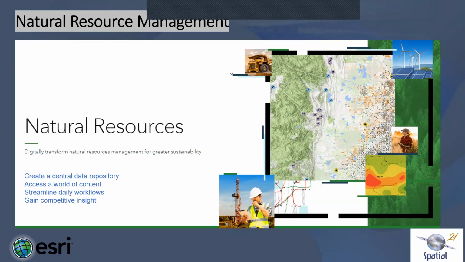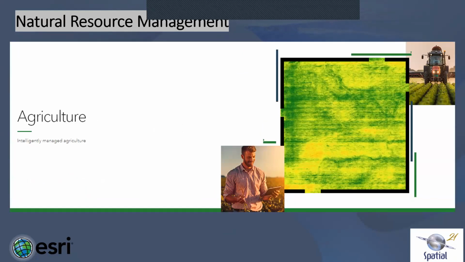inform decision making. So let us look at agriculture. ArcGIS intelligently managing agriculture, and this is by analyzing all the field data in one central system. You can collect, maintain, analyze, and share your agriculture data with ArcGIS and make better in-season decisions.